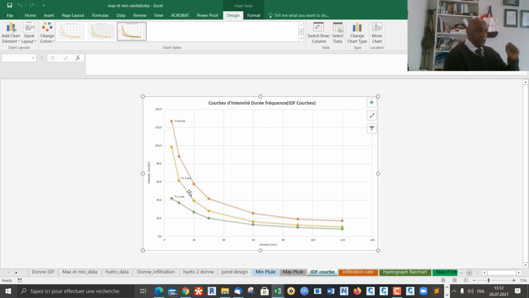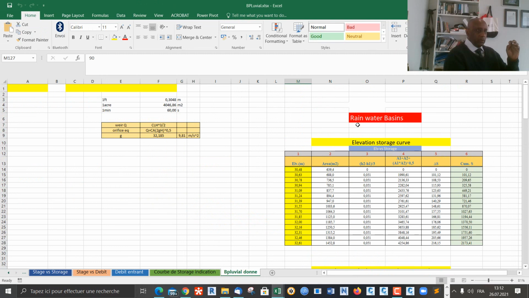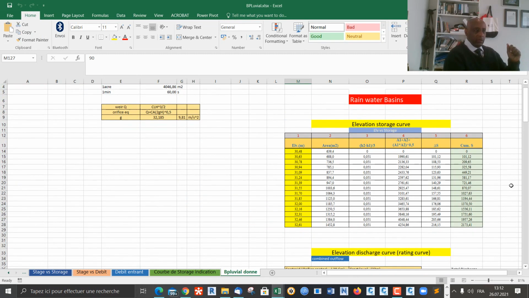This shows return periods and intensity with duration. So this will be helpful for engineers. That is how I developed the rainfall equations and the curves.